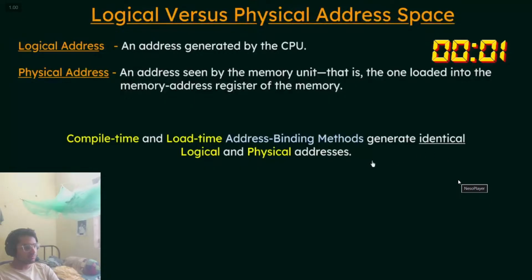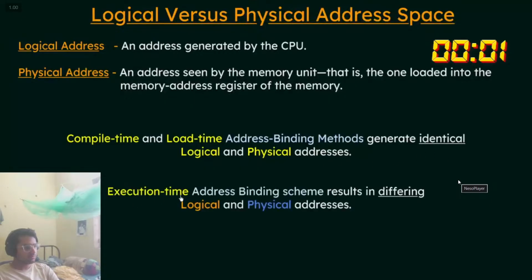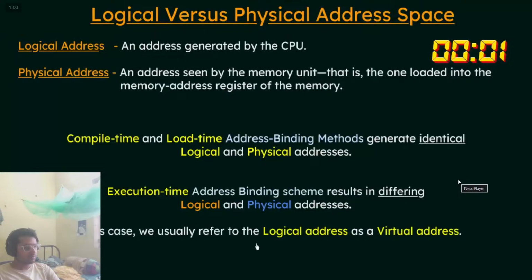It is identical. Now, the execution time address binding scheme results in differing logical and physical addresses. In execution time address binding, the logical address and the physical address that are generated differ from each other. They are not the same. So in this case, we usually refer to the logical address as a virtual address.